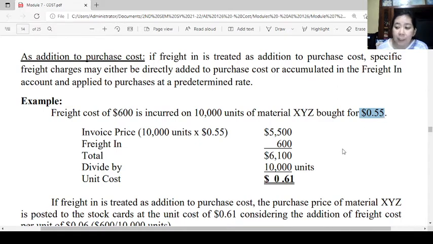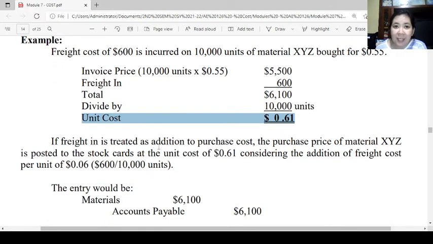However, since we will add the freight to the purchase cost, instead of having a 0.55 unit cost, we will have, okay, the invoice price of 5,500 plus our freight in. So the total purchase cost will be 6,100. We will divide this by the number of units purchased. Therefore, the unit cost is now 0.61 and not 0.55 because again, freight in or freight cost was added.